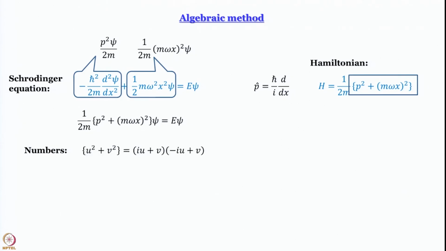And we know that u square plus v square can easily be factorized as iu plus v multiplied by minus iu plus v. Yeah, u square minus v square everybody knows, that involves all real numbers. If I have u square plus v square, you can still factorize it by using the imaginary number iota, iu plus v multiplied by minus iu plus v. Just check whether this is okay or not. Okay, I will give you a second for that.